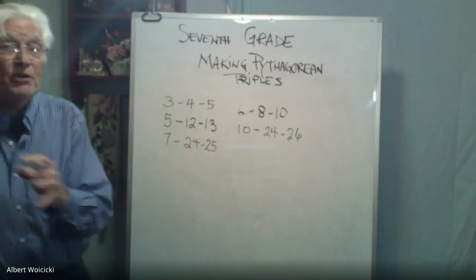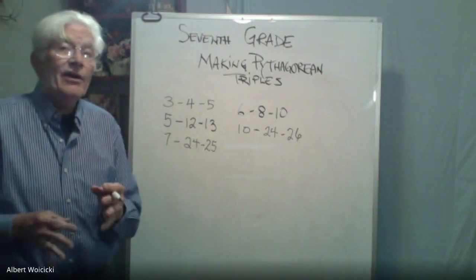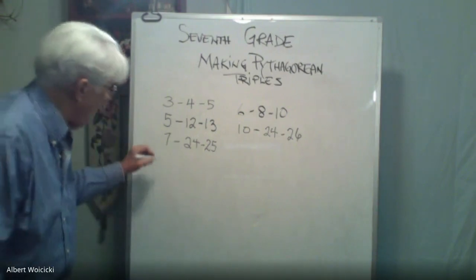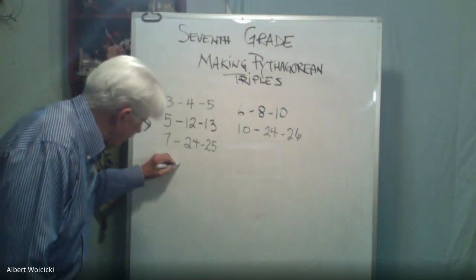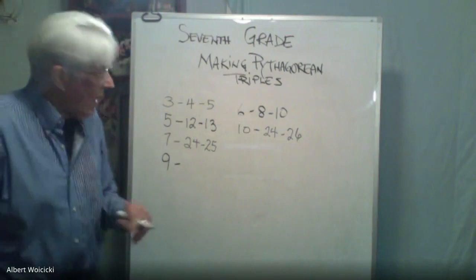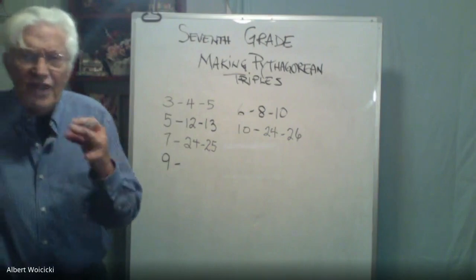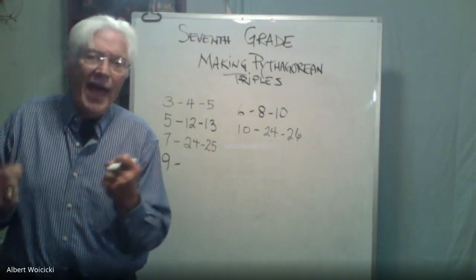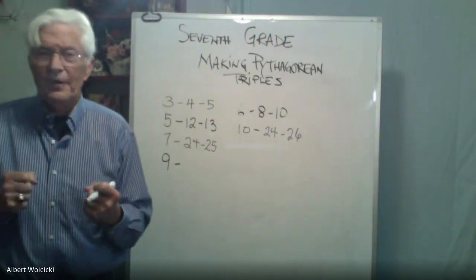Now, maybe you've got the idea and you found yourself a pattern that'll help you to figure out what happens when I start with 9. So this is the thing you ought to ask your students. See if they can figure out what the pattern is. And it's so elegant.